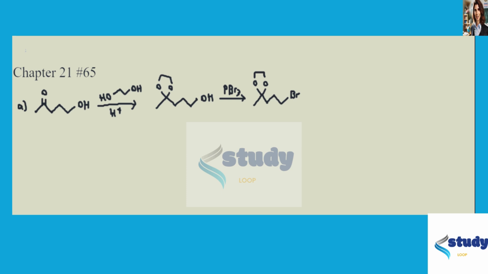And now we can make the Grignard. And so actually, we're going to need to use some acetone as our carbonyl to react with the Grignard.